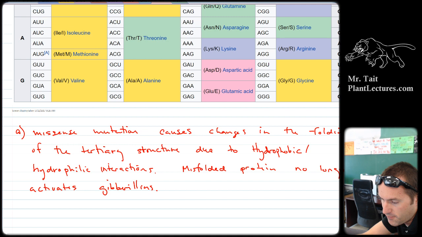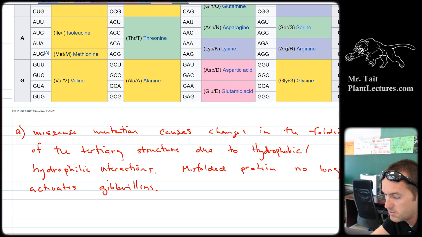Right? And so if we change the shape of it, it no longer does that. It no longer activates the gibberellin. Okay, so that is 1 point for describing our change, and then 1 point for the reasoning behind it. Okay, then we got B.